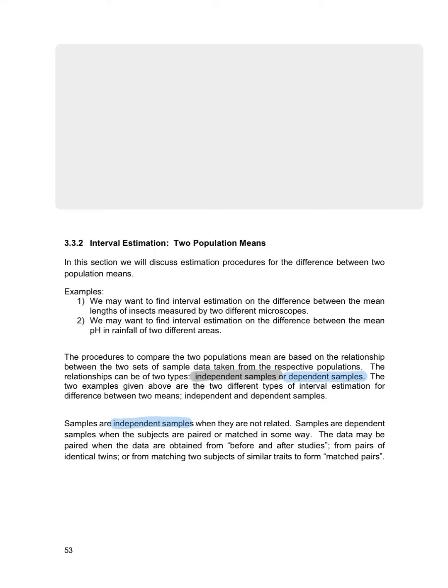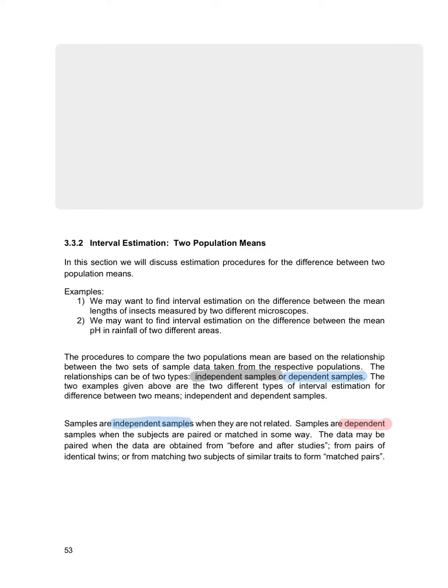Clearly we can see that there are two groups of samples that are not related at all. But for dependent samples, the subjects are paired or matched in some way. The data may be paired when the data are obtained from before and after studies, from pairs of identical twins, or from matching two subjects of similar traits to form matched pairs.